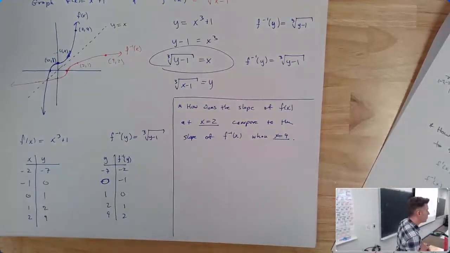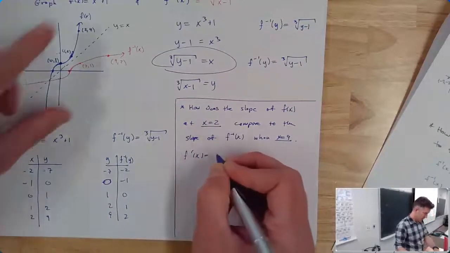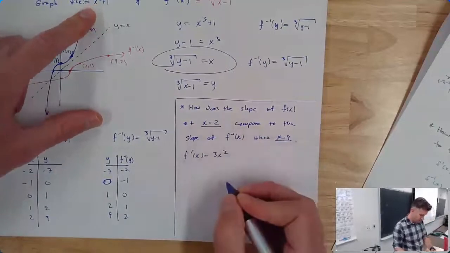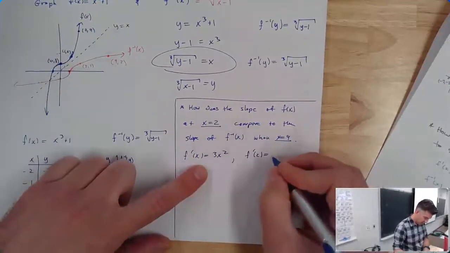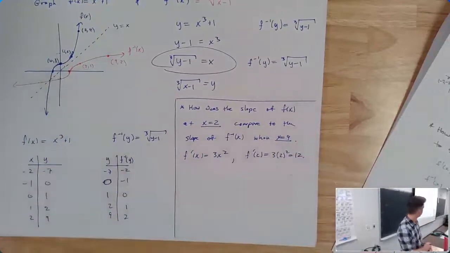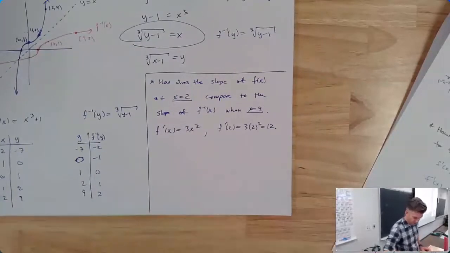Let's just find them. This is the super important part. So f prime of x is easy. The derivative of x cubed is 3x squared. And if we plug in 2, f prime of 2 is equal to 3 times 4, which is 12. Great. Now let's answer the second question, which is a little more work, but not too much.